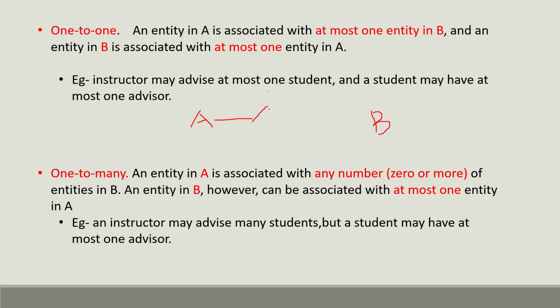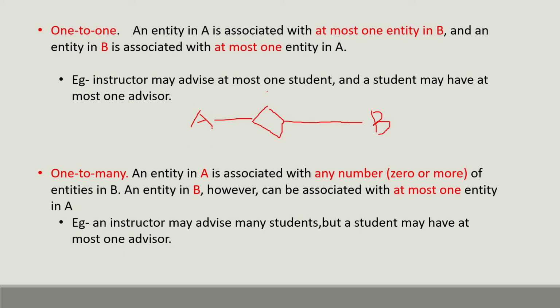In an ER diagram, we will study how a relationship is denoted: a diamond symbol is used for representing the relationship. So A is one entity set, B is another entity set, and the two entity sets are related by one relationship. For example, let A be the student and B be the instructor.